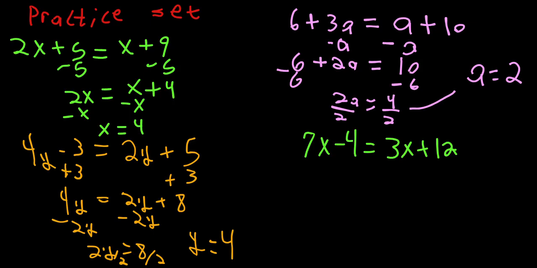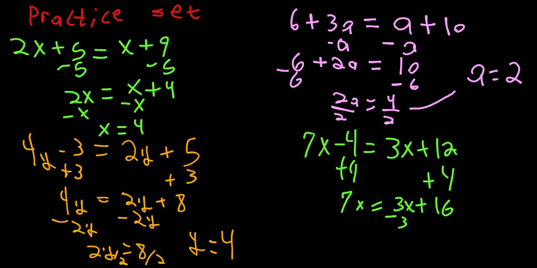All right. And for the last one here, how should we approach this one? We could do addition or subtraction. It could be either way. Let's go back to the known method, the one we've done again and again. We get 7x equals 3x plus 16.